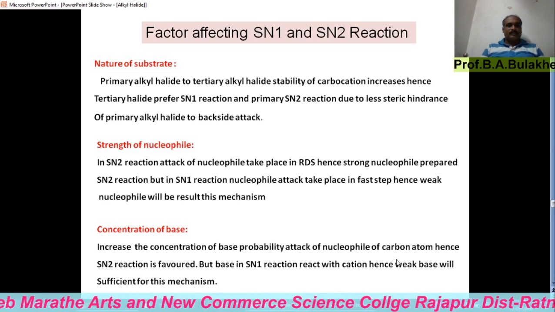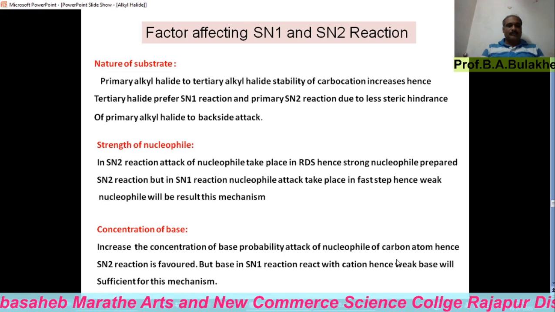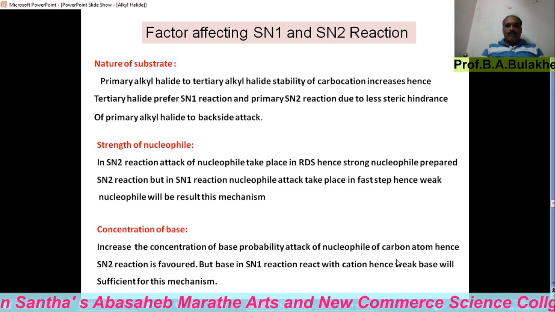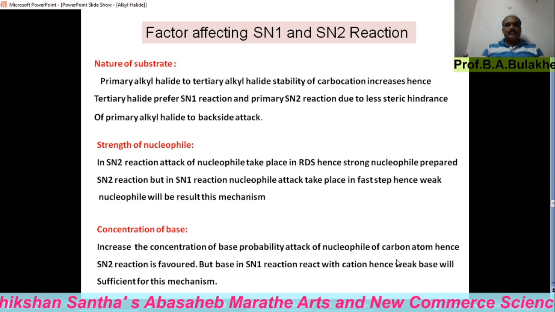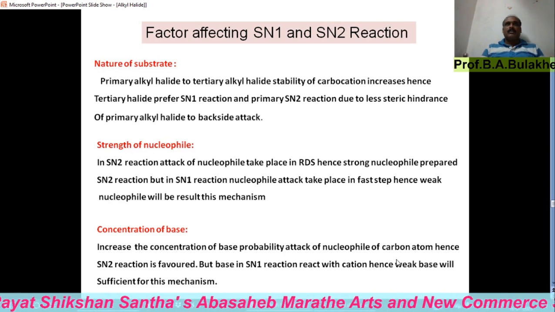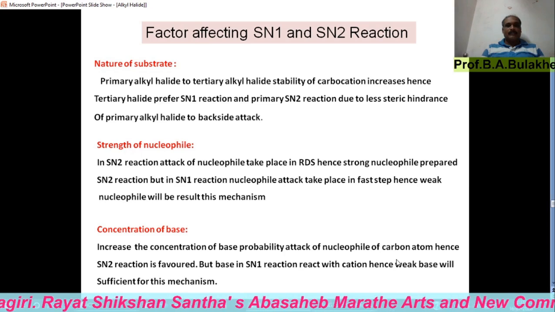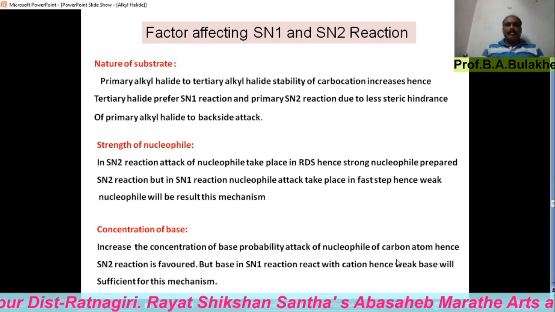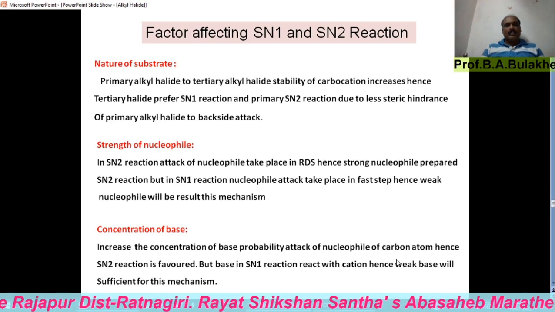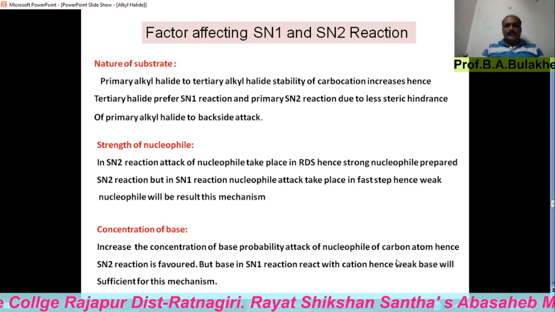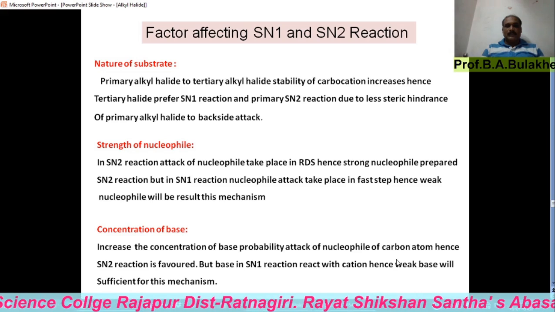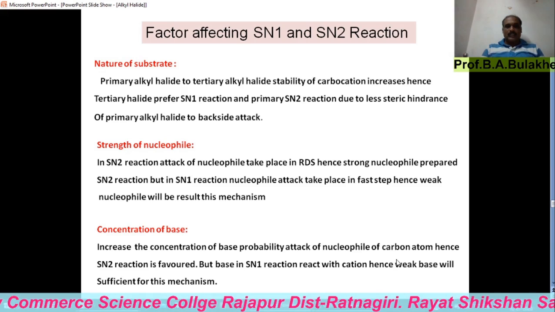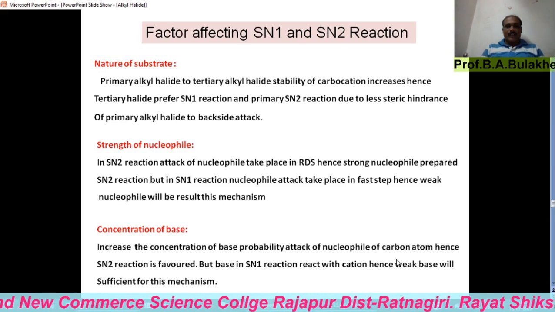Next point, concentration of base. Increasing the concentration of base increases the nucleophilicity, which is related to the rate of SN2 reactions because it gives a strong nucleophile.